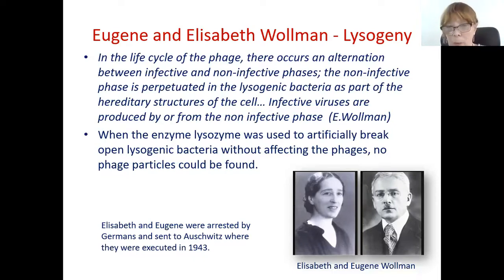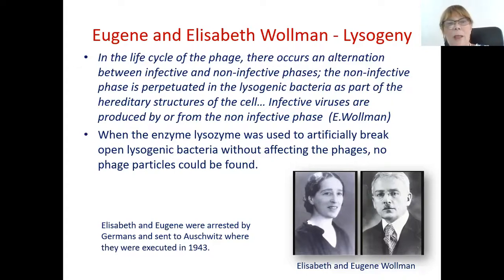So Eugenie Wollman was the one who said that in the life cycle of phage, there is an alternation between infective and non-infective phases. The non-infective phases are perpetuated in the lysogenic bacteria as part of the hereditary structures of the cell. Infective viruses are produced from the non-infective phase.